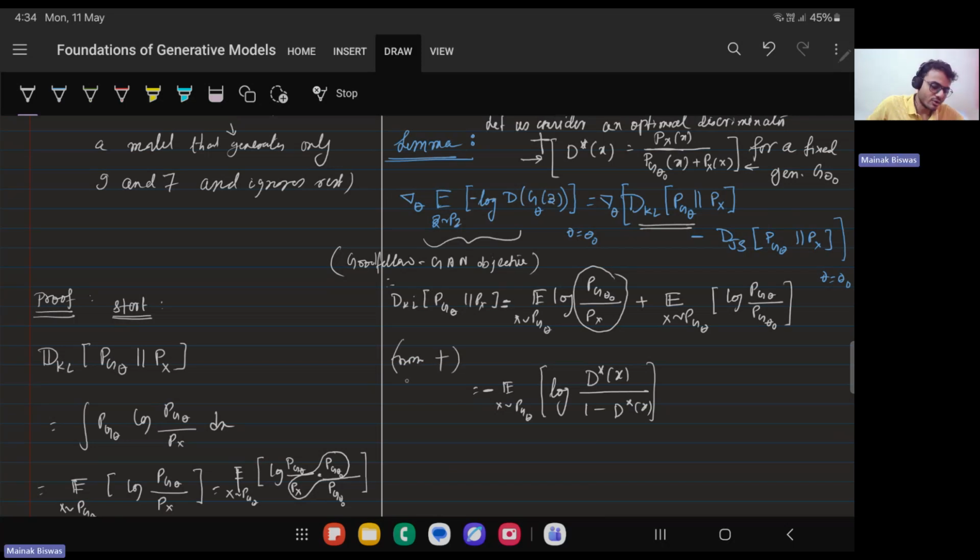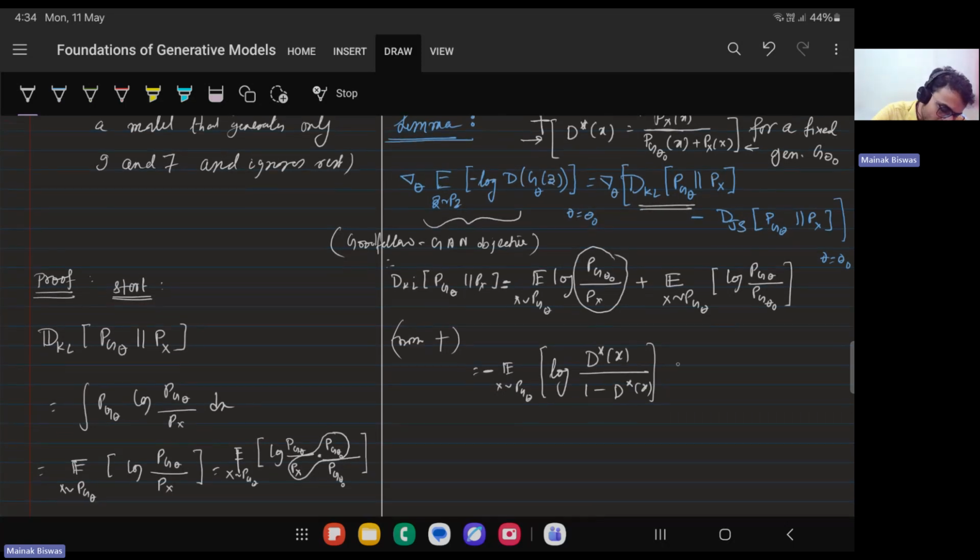I'm just taking dividendo: d star by 1 minus d star is equal to p_x by p_g theta_0. If I invert it, I get a negative of the log. So I get this and a KL divergence term between p_g theta and p_g theta_0.